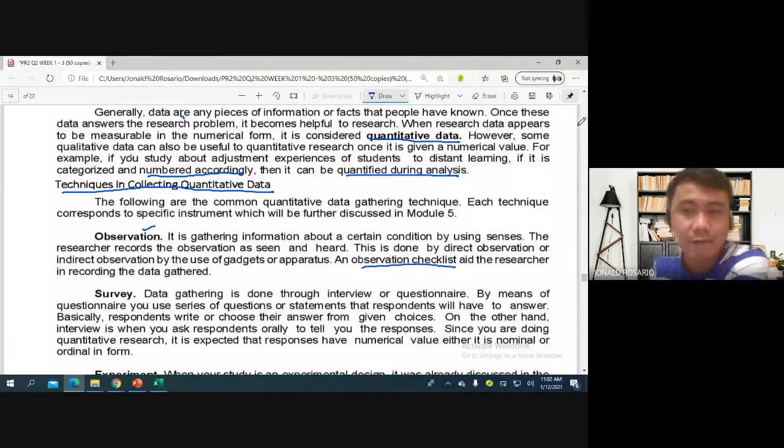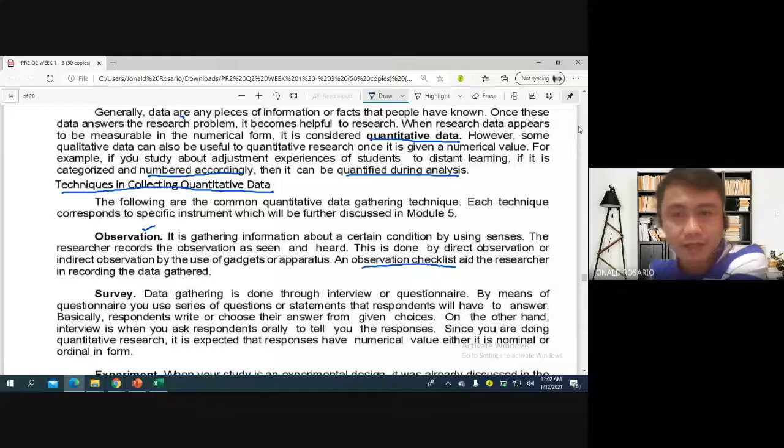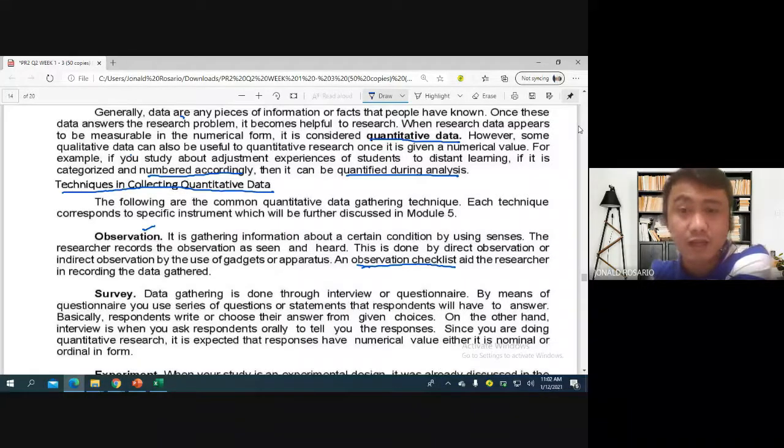Para hindi tayo mahirapan sa pagkuha ng mga data na nakikita natin doon sa ating mga subjects of the study. Usually, observation ay ginagamit sa mga experiments.